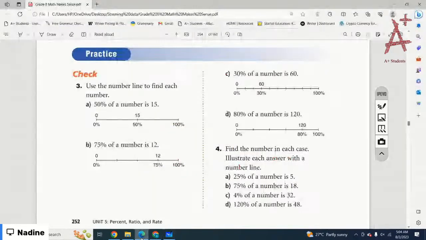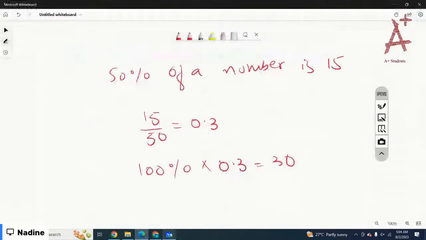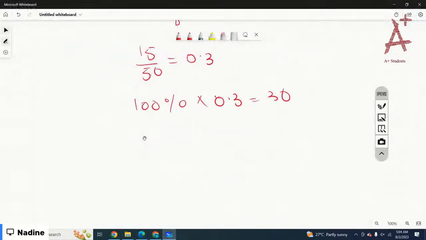The B part is 75% of a number is 12. You have to calculate the total number. Got it? So 75% of a number is 12. Divide 12 over 75. 12 over 75 equals, let me just use the calculator, 0.16.